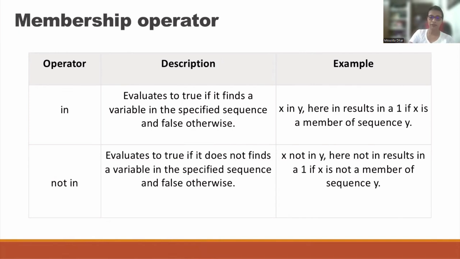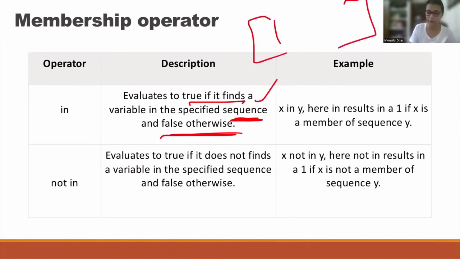So, what is the definition they have given? Just check the definition. Evaluates to true if it finds a variable in the specified sequence and false otherwise. I already told, when we are dealing with a collection of elements or a sequence of elements, I was talking about a list, right? This one is a list, maybe one, two, three.